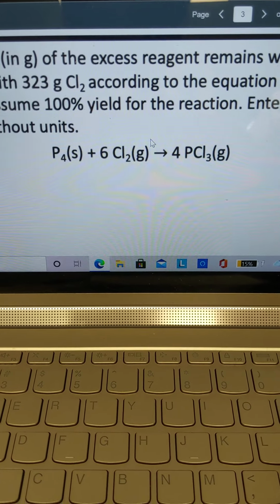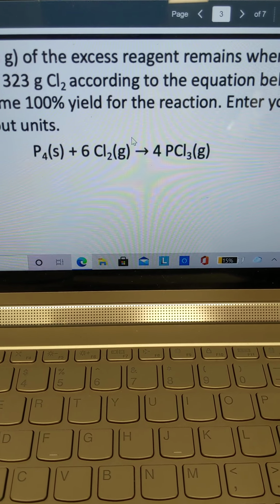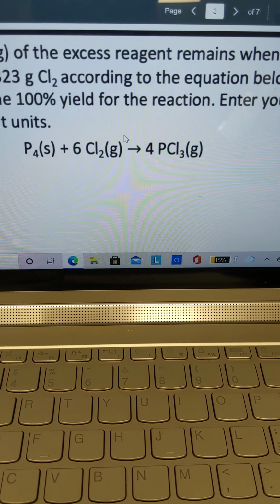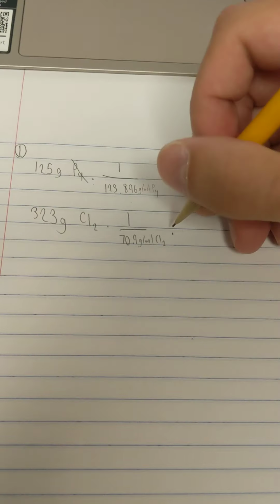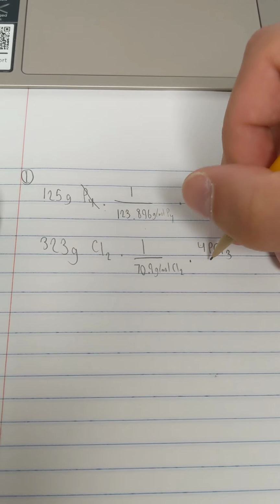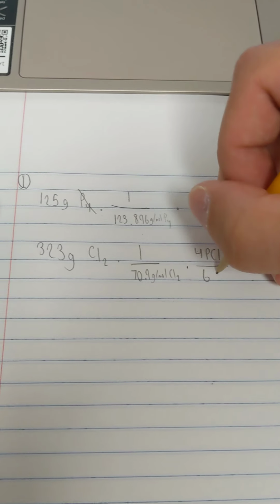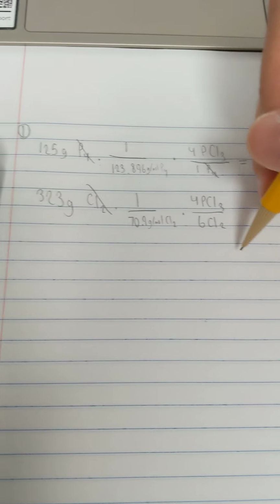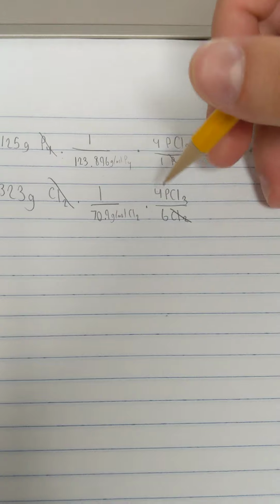And then we multiply it by, again, what you want to have is what you're looking for on the top and what you're trying to get away from on the bottom. So you're going to have 4 PCl3 over 6 Cl2, just like that, so that you can cross out the Cl2 here and then cross out the Cl2 here.